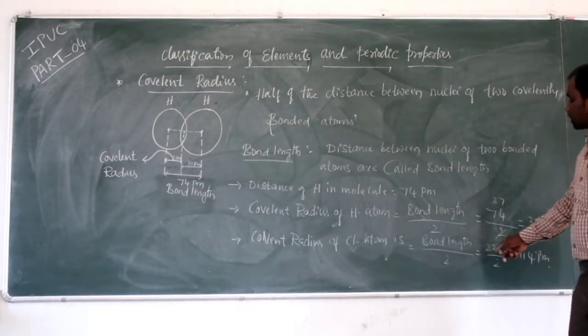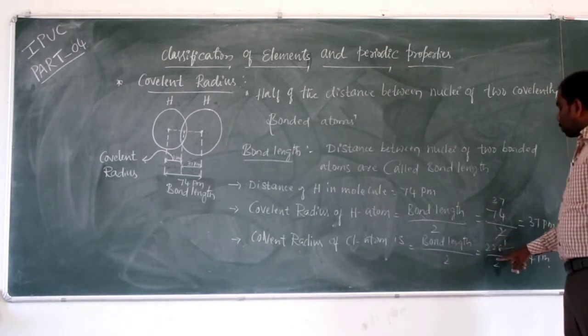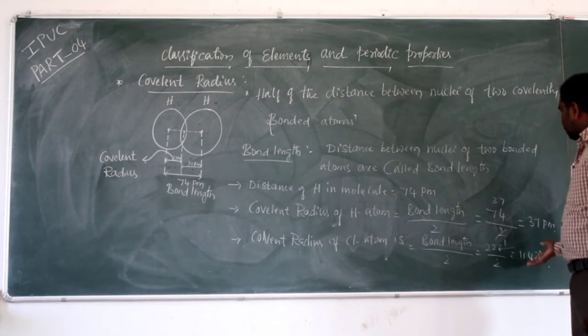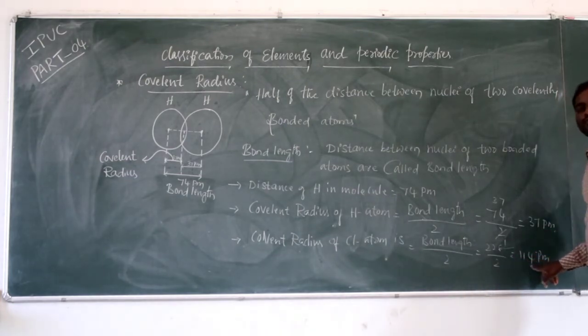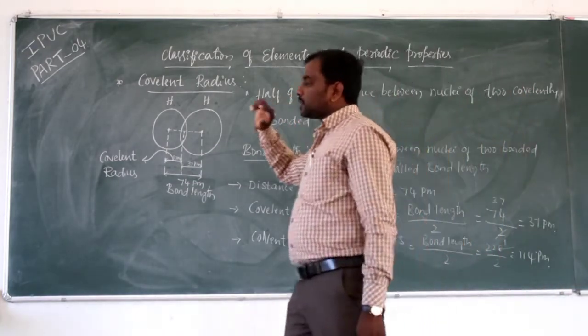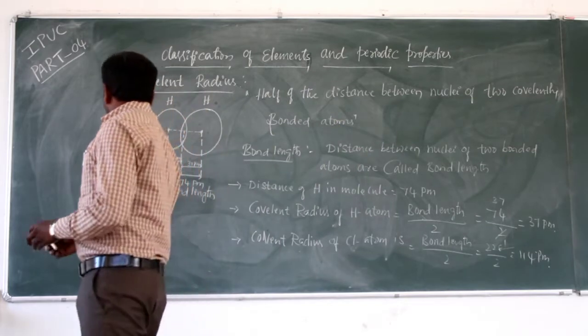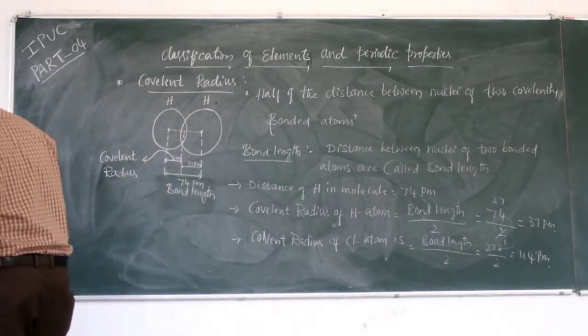The total bond length is 2 into 8 divided by 2. Total, each chlorine's covalent radius is 114 picometer. Okay, this is about the covalent radius, right?